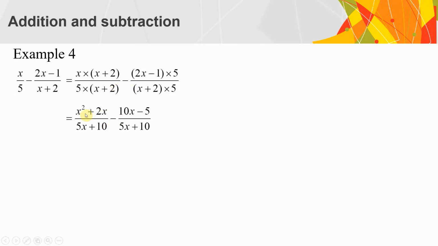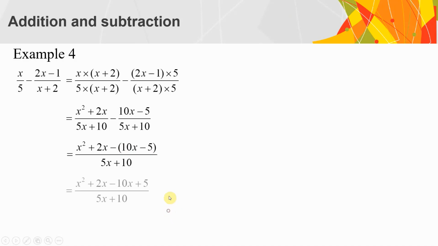When we join the numerators together, we need to be careful about this minus sign. We need to use a bracket in front of the minus sign, and we need to expand this bracket by multiplying the negative 1 across the bracket. So at the end we get minus 10x plus 5, and only then do we simplify and get this final answer.